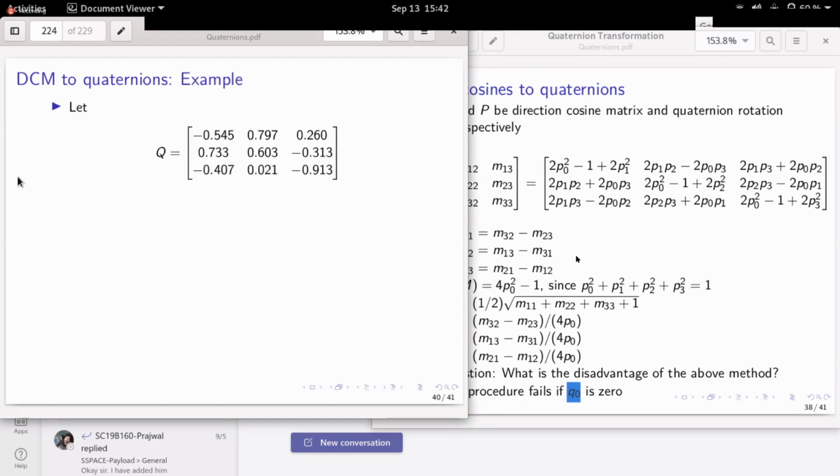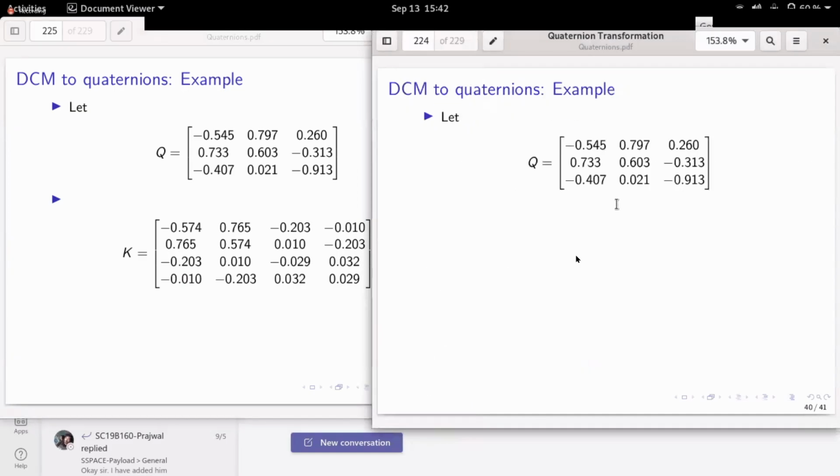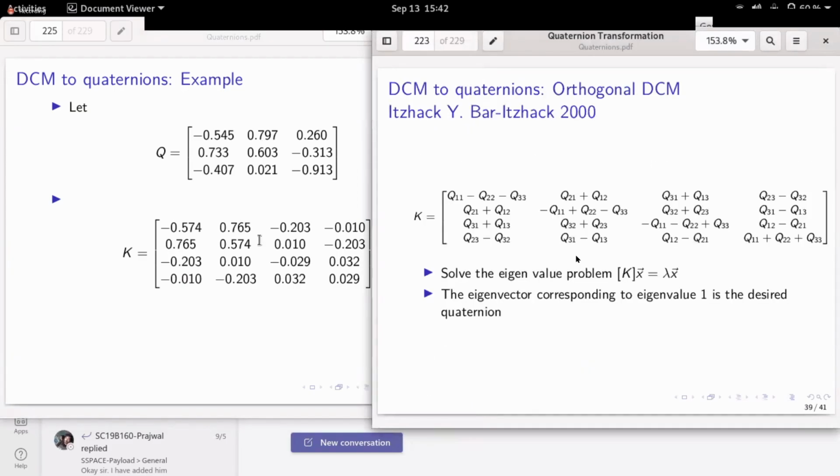So the example is this particular one. From the Q matrix, you get this K matrix. So given matrix Q, you obtain K. How will you obtain K? Using this expression.